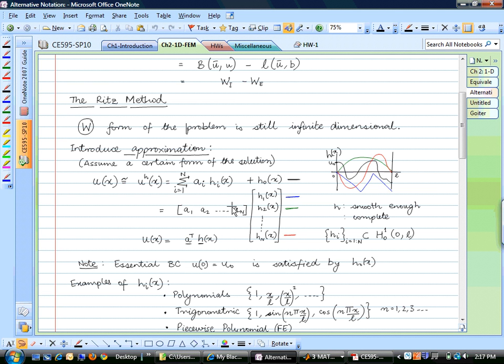So if we have n functions, we will write this in a matrix form. These are all unknown scalars. These all are known functions. Now you can imagine that this is a very big restriction on the original space. In the original space we said any function that is square integrable, we must show that our g should be 0 for those functions.